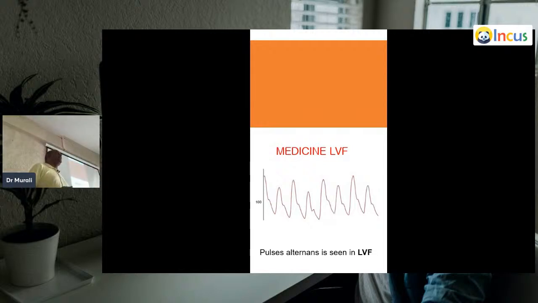Let us review that, and that's how we progress. Now, where do we see pulsus alternans? One strong beat, one weak beat, one strong beat, one weak beat. That is called pulsus alternans. Typically, we see it in left ventricular failure is what you need to basically remember.